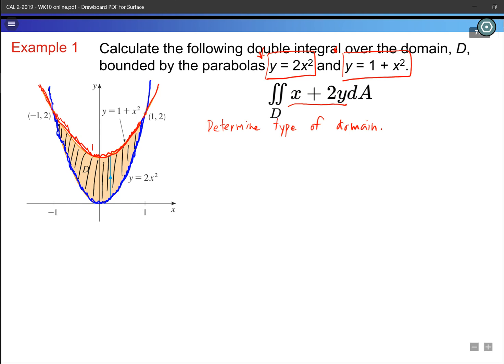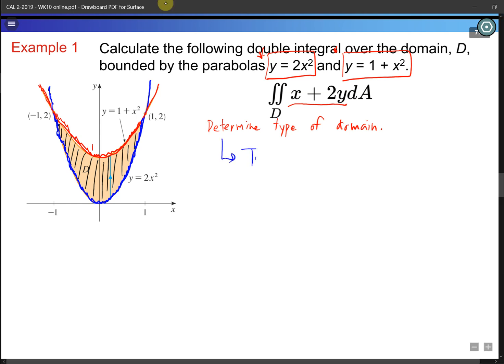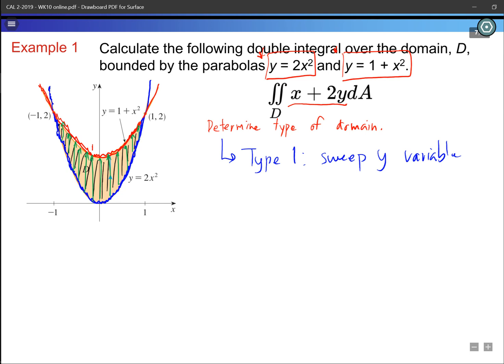So definitely this one is type 1. And for type 1, I'm going to need to sweep the y variable, all the way through.